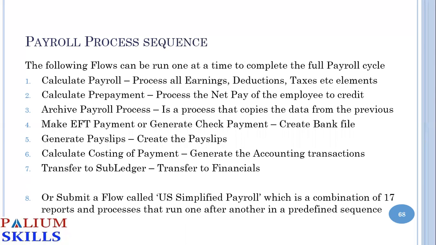So this is the payroll process sequence. In Fusion, we now call them flows. Flows are basically individual processes that we are running, and you can combine multiple processes into one flow.